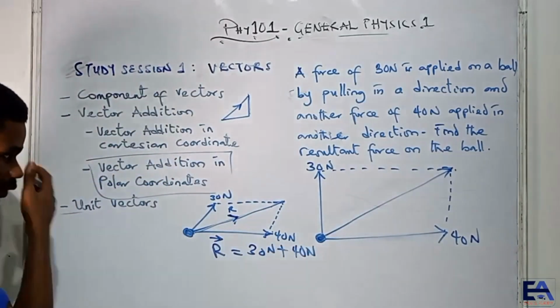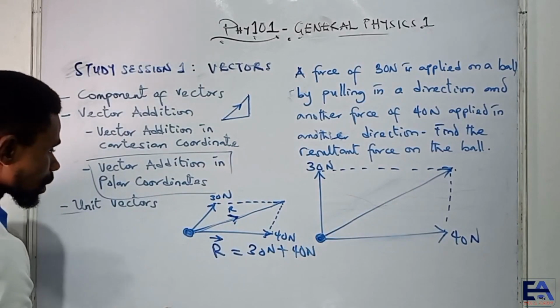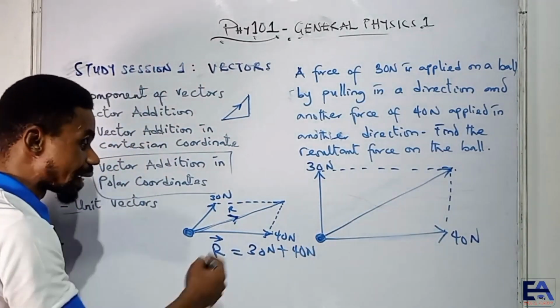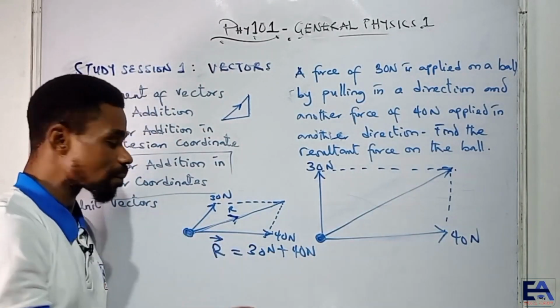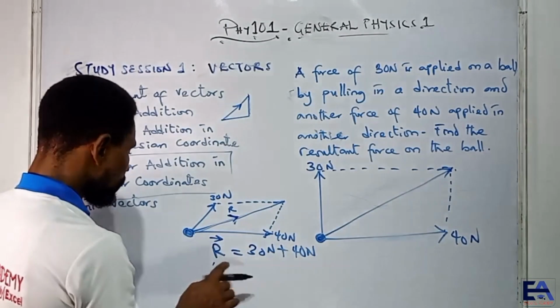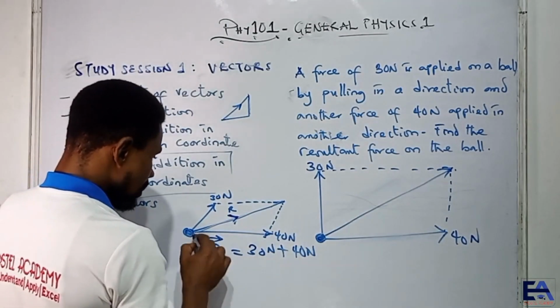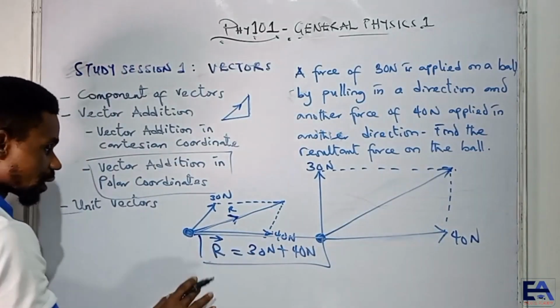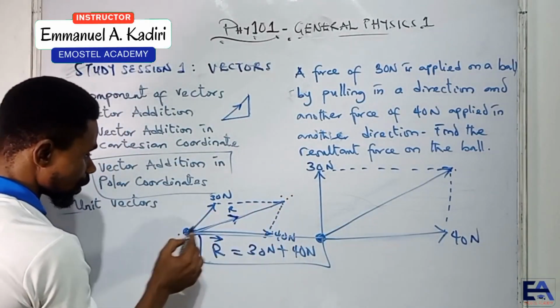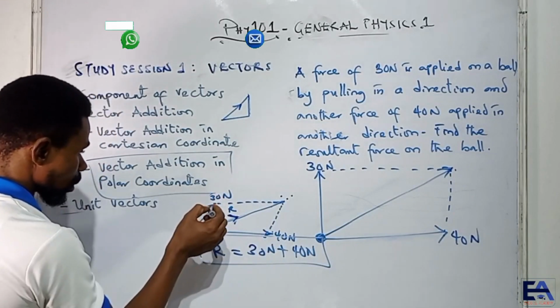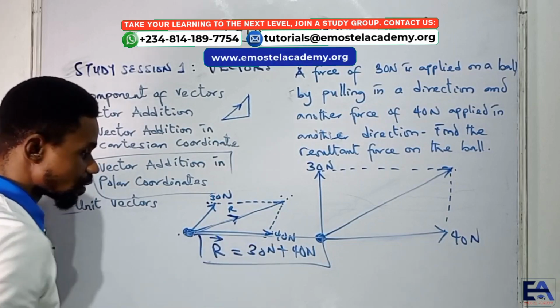That's where the addition of vectors comes from. But the addition we are talking about is not a direct addition. If you want to find the magnitude of this vector, you will say, yes, theoretically it is written this way. That is, the overall effect of this vector R is equal to the sum of the effects of the two other vectors, 30 and 40.